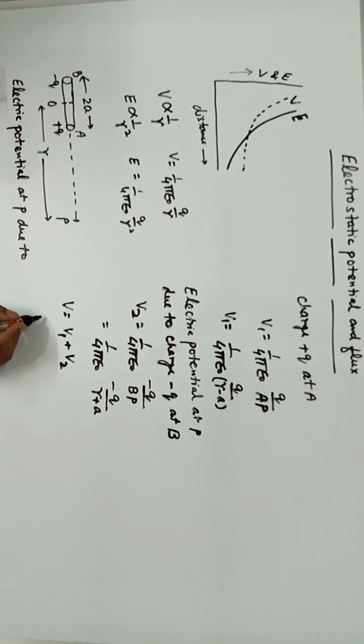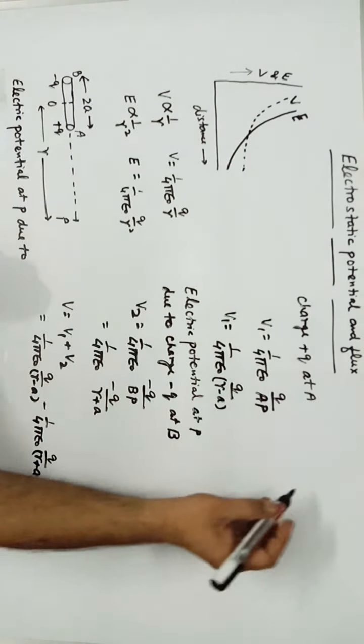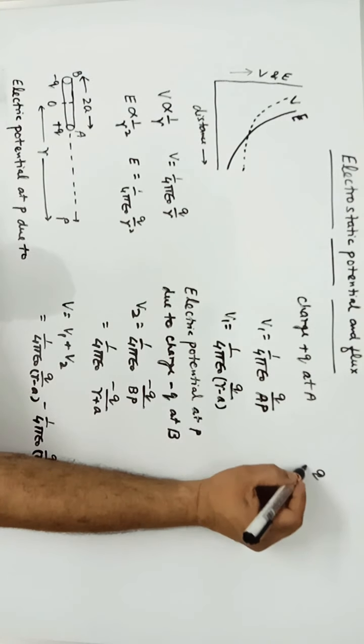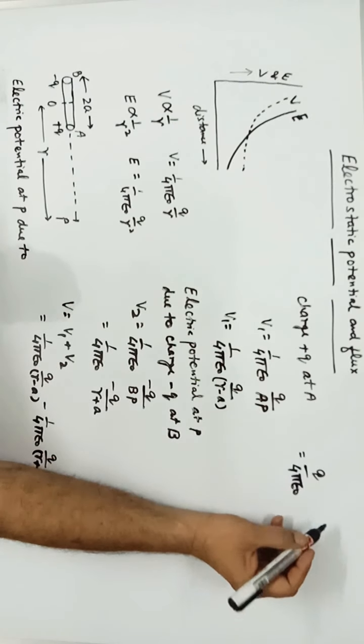V1 plus V2 is 1 upon 4 pi epsilon naught q upon r minus a, plus 1 upon 4 pi epsilon naught minus q upon r plus a. We have to simplify this. We take q upon 4 pi epsilon naught common.